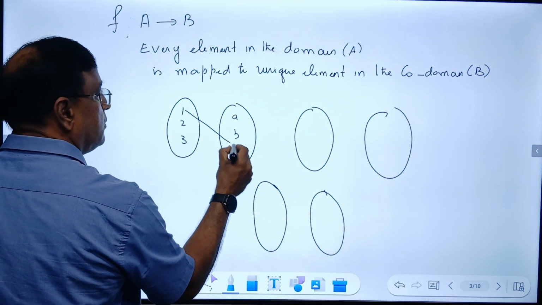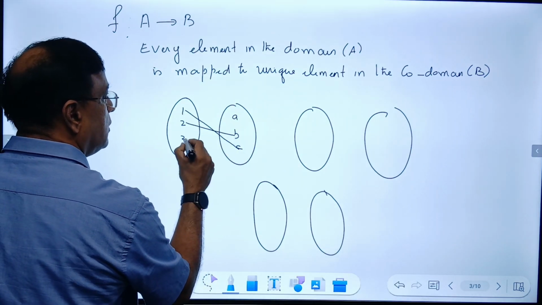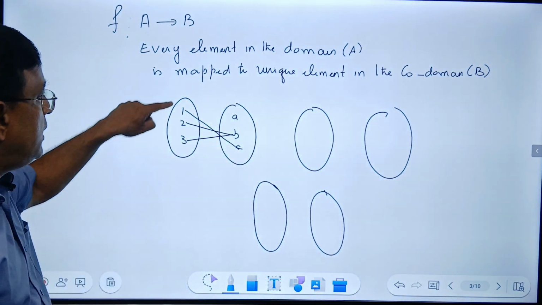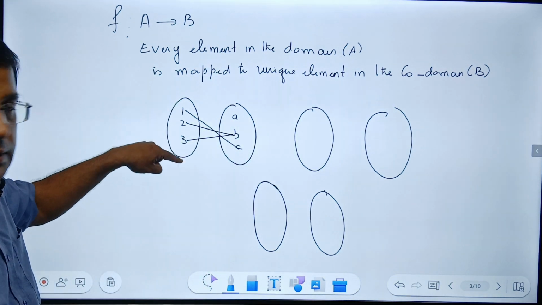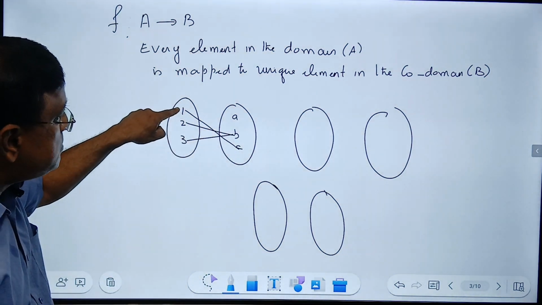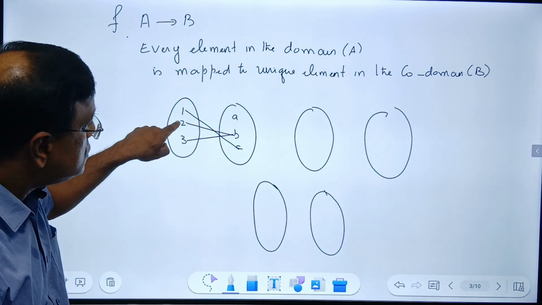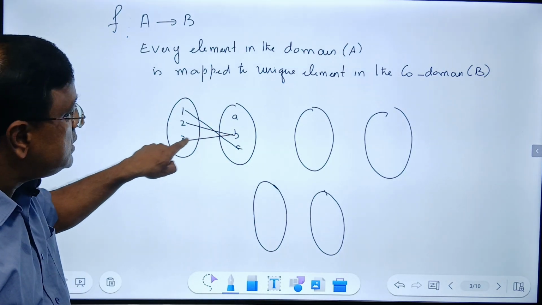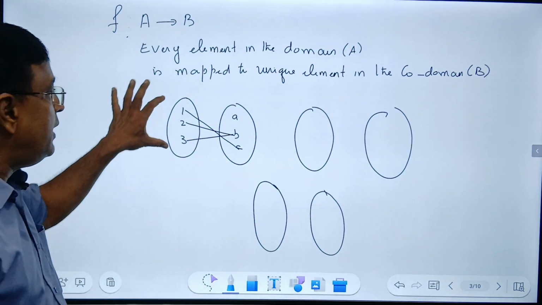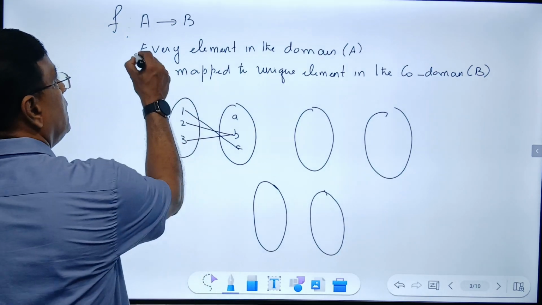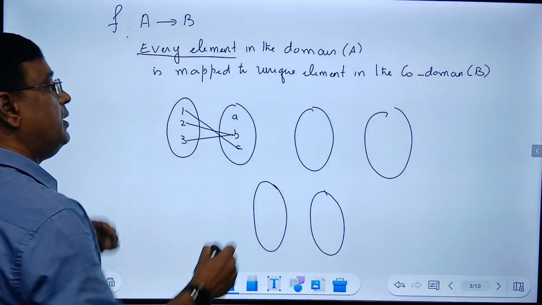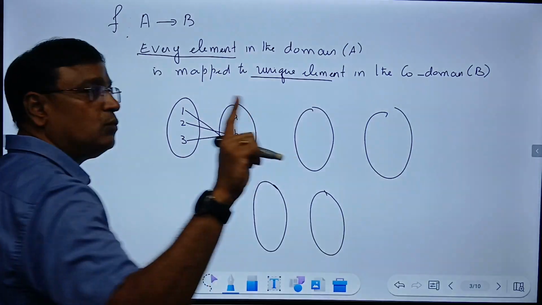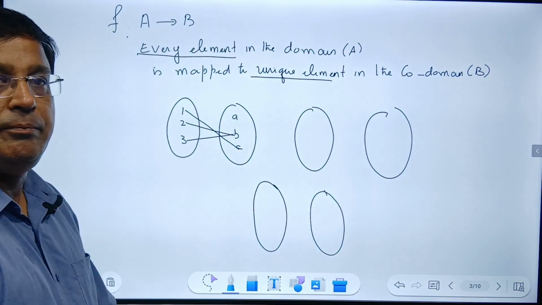Now, is this a function? Yes. Every element in the domain is mapped, and 1 is mapped to only one element, 2 is mapped to only one element, 3 is mapped to only one element. So every element in the domain is mapped to a unique element. Here unique means one element in the codomain.